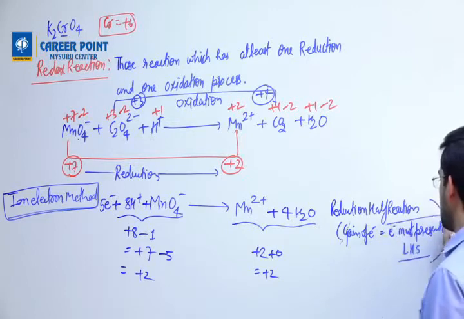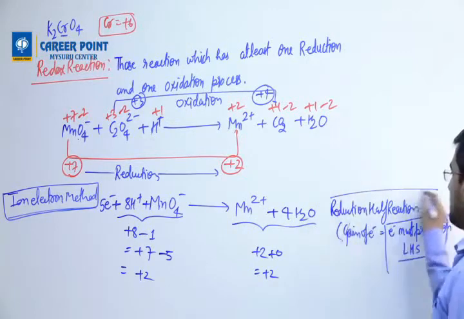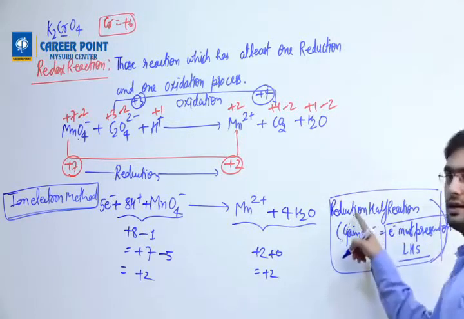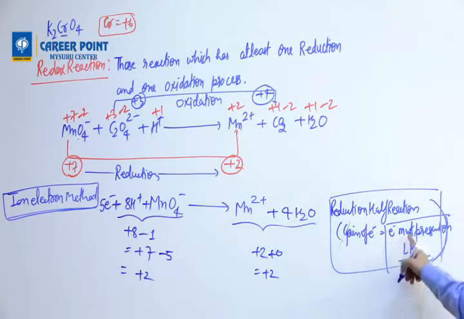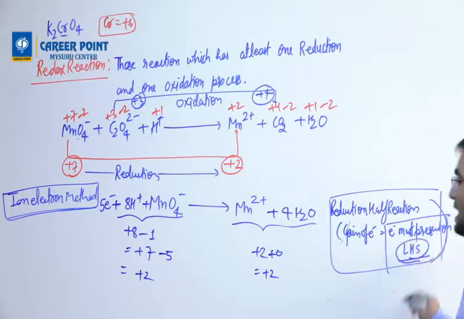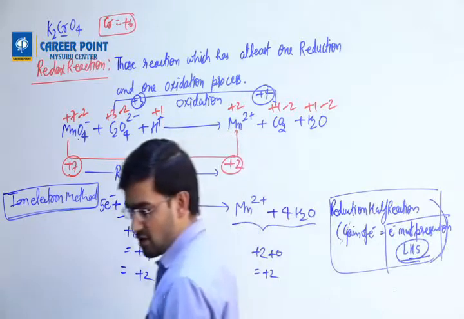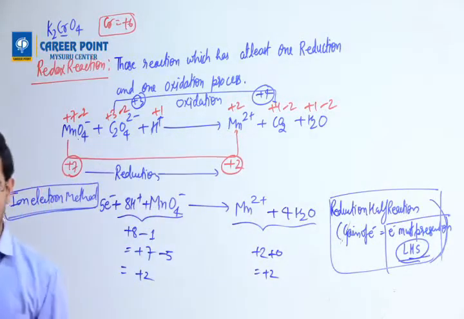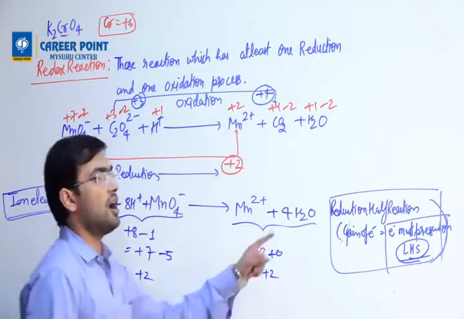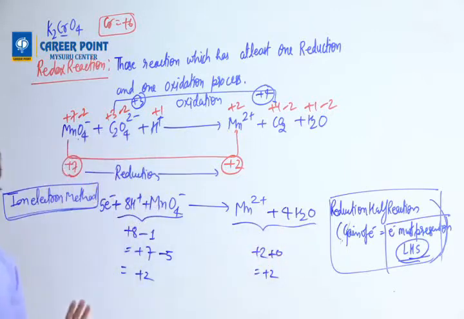This is important. In case of reduction, electron must be written on LHS. Right? Now I'll write one more reaction.